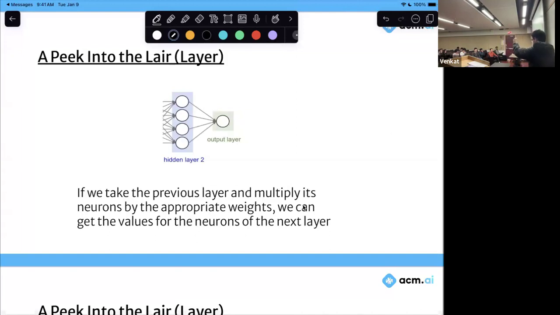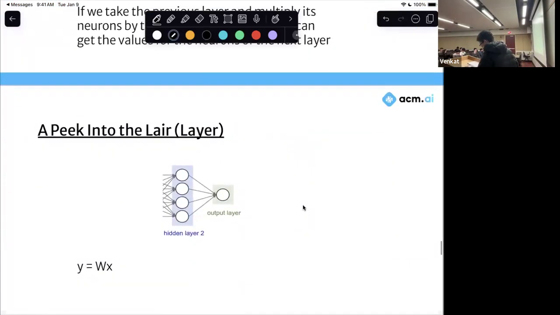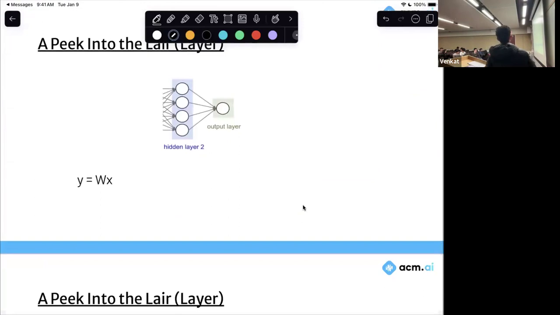You do the same thing for the next neuron in your next layer, all the way down. What that ends up looking like is a matrix product, where you have your input vector multiplied by a weight matrix, and that will produce a vector of the size of your next output layer. So that would be this equation here.